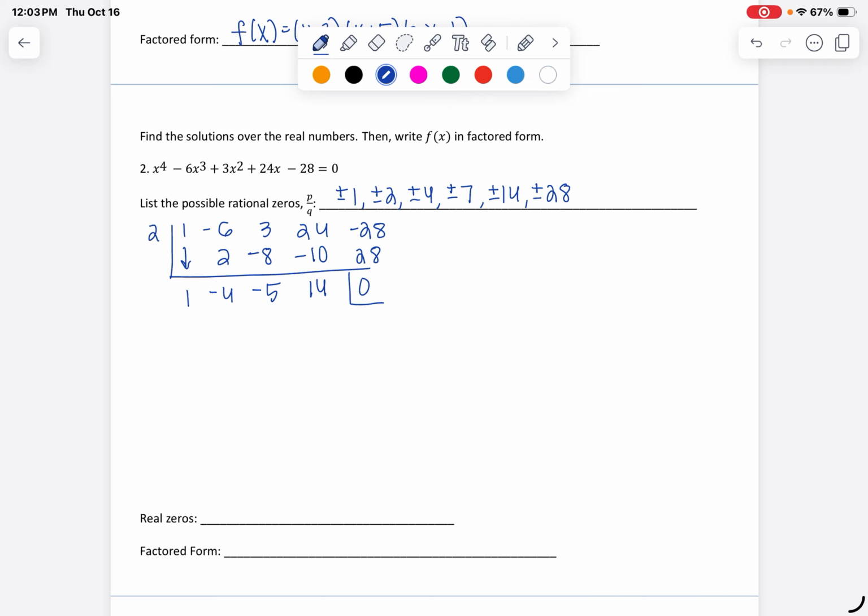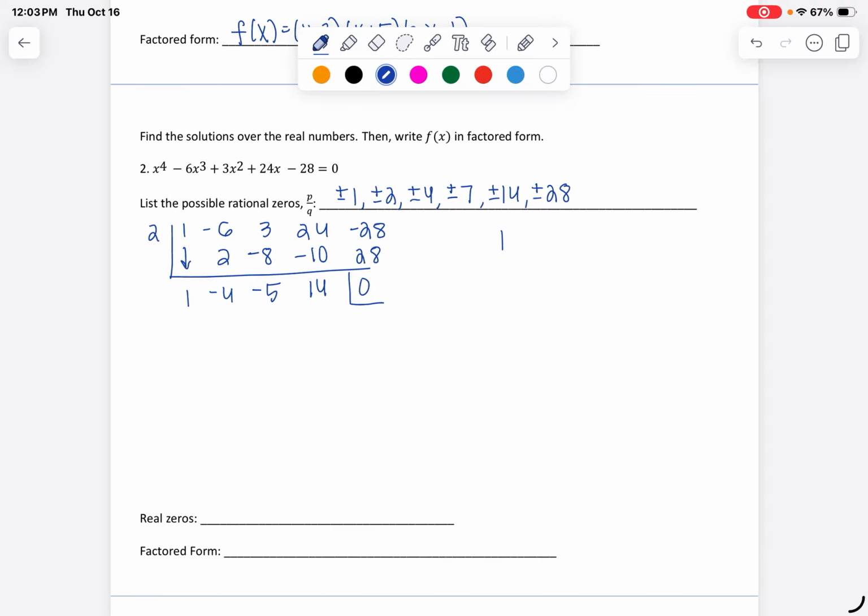Okay, so now remember what we talked about yesterday: when you're doing synthetic division, we've got it broken down now to f of x equals x minus 2 times x cubed minus 4x squared minus 5x plus 14. So I have it broken down. I'm going to continue off of that polynomial.